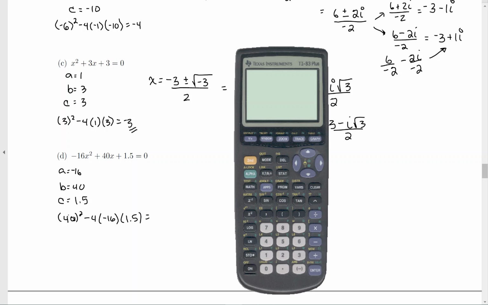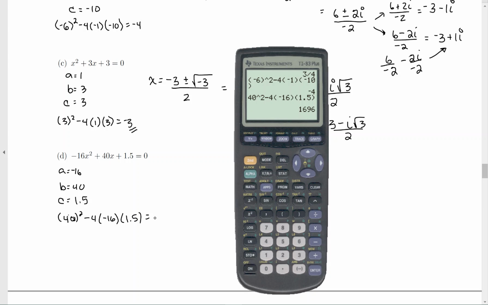All right, so let's see what that turns out to be here. So I have 40 squared minus 4 times negative 16 times 1.5. This goes back to a word problem that we did earlier in finding an intercept.